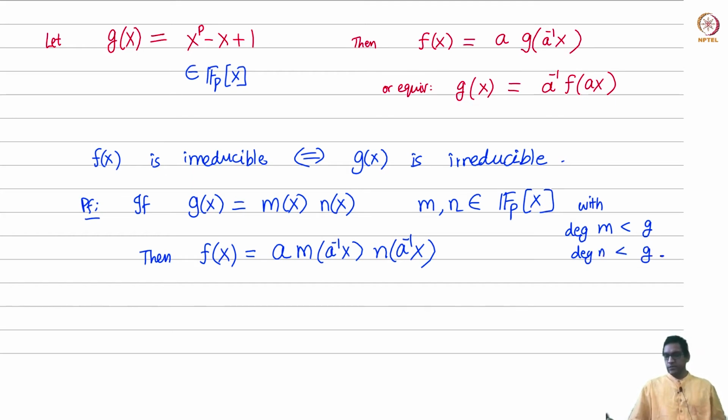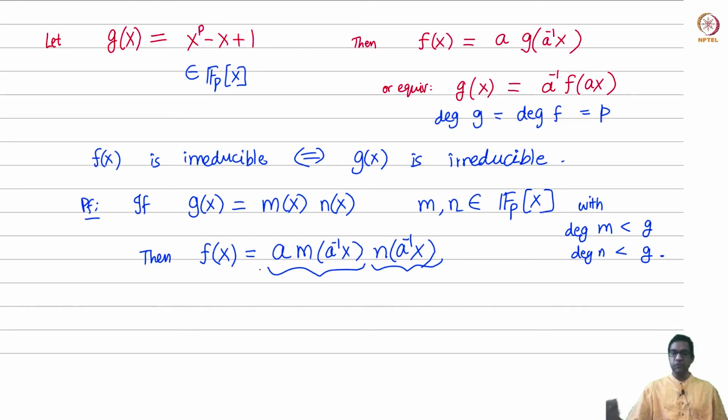Okay, so you can write it as a product in this manner. Then the same is true of f, because, for example, look at this guy here. This is a polynomial whose degree is strictly smaller than the degree of g. This is also a polynomial whose degree is smaller than the degree of g, but the degree of f and the degree of g are the same. Okay, so degree g is the same as degree of f, right? In fact, both degrees are equal to p in this case.